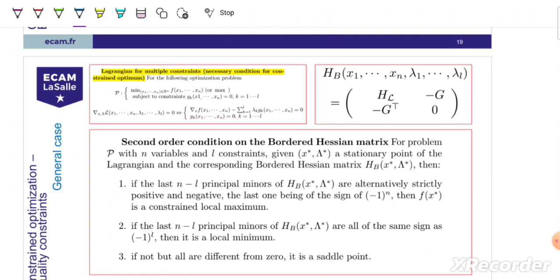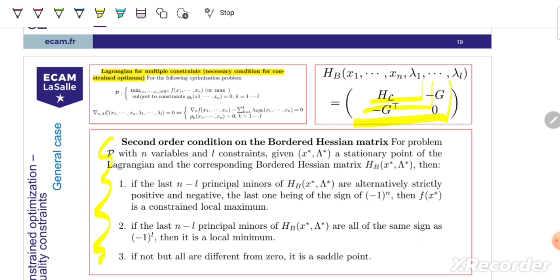Then the result on the bordered Hessian is slightly less nice than when we had only one constraint, but it looks a lot like Sylvester's criterion. We are looking at the principal minors, meaning the determinant of the full matrix, and then when we suppress one row, one line, and so on.